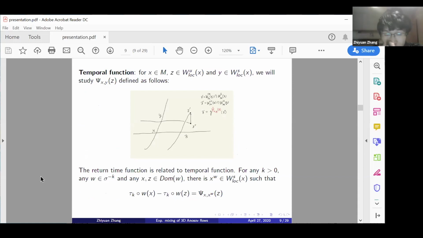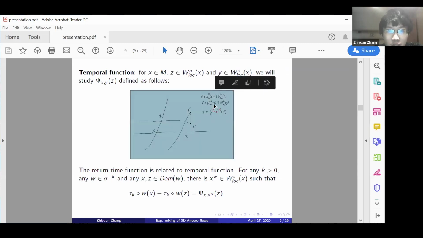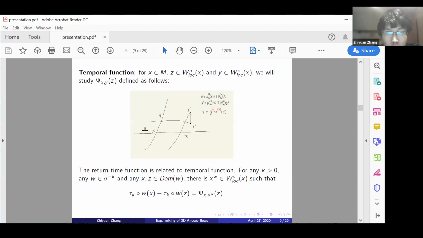So in all of the study about exponential mixing, what is really important is the so-called temporal function. Consider this picture. Maybe I try to zoom up the picture.